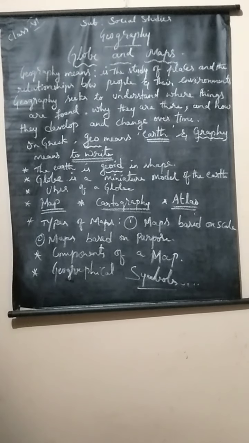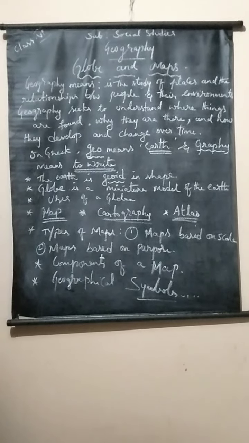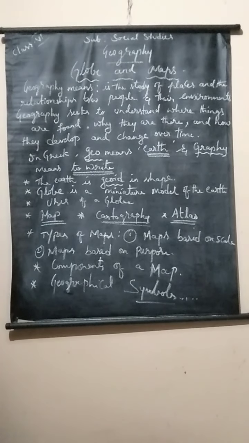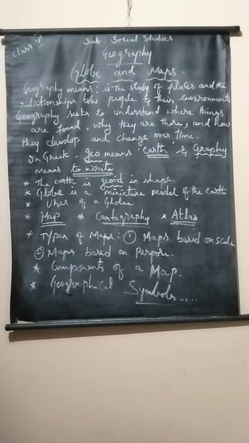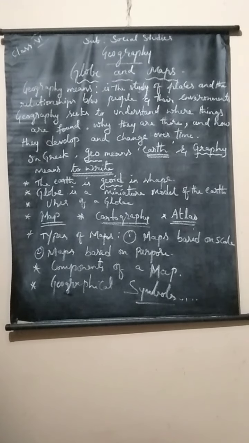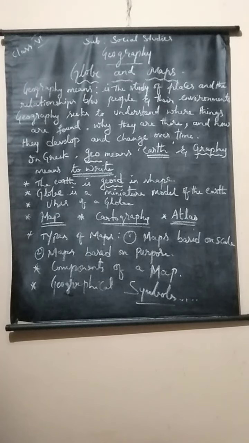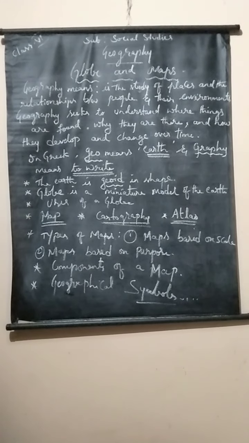Title means every map must have a suitable title which tells us the content of the map. Example, India physical features. It's on page number 1 or 2, like that. And India's political map, these are the titles.